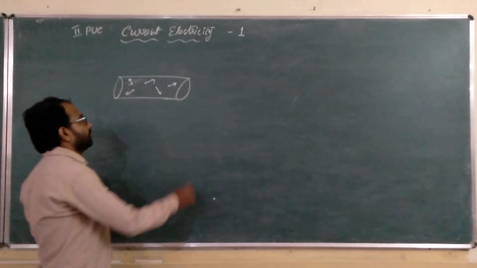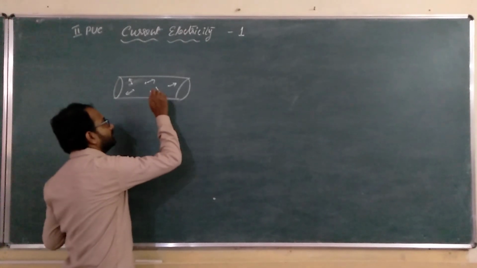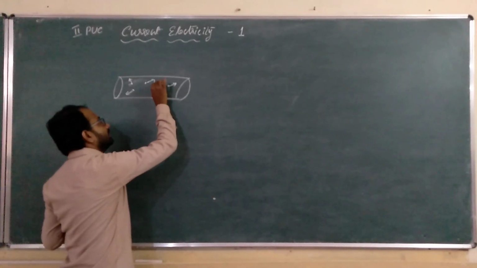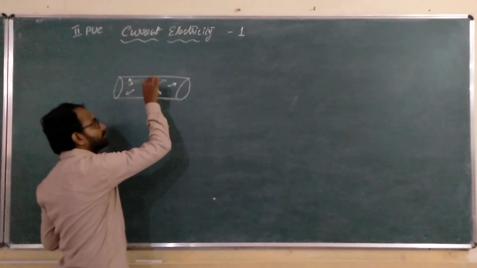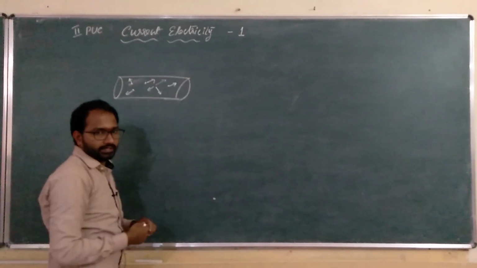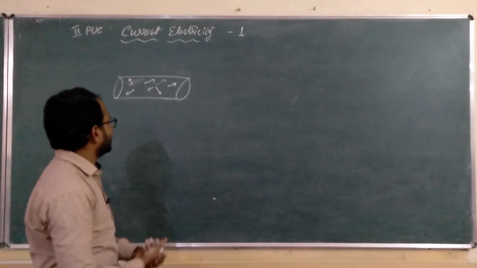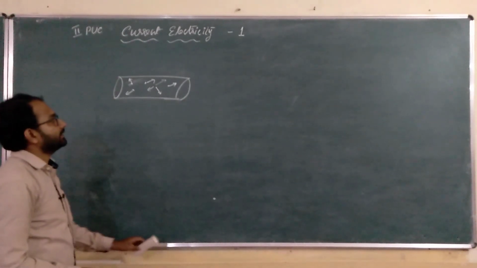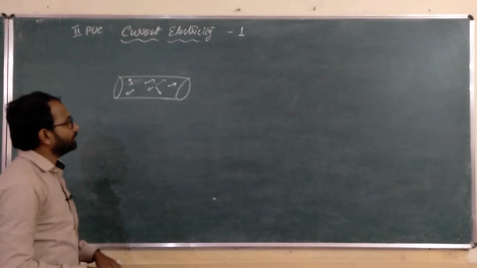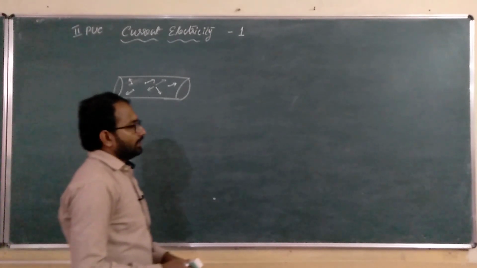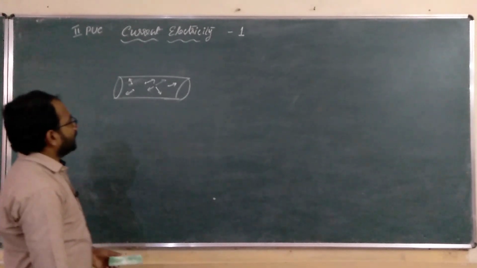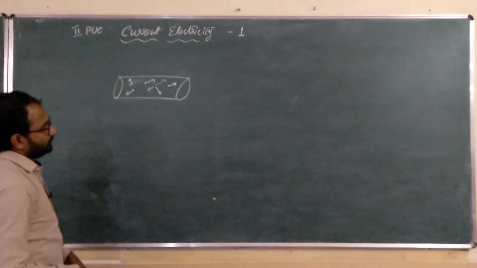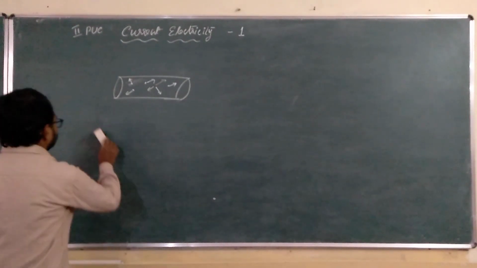The charge flowing in any particular direction is equalized by the amount of charge flowing in the opposite direction. Therefore, there is no net current, even though the conductor has a large number of free electrons which are in random motion.